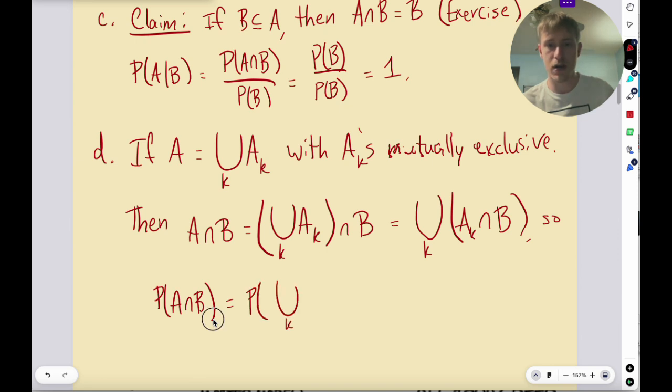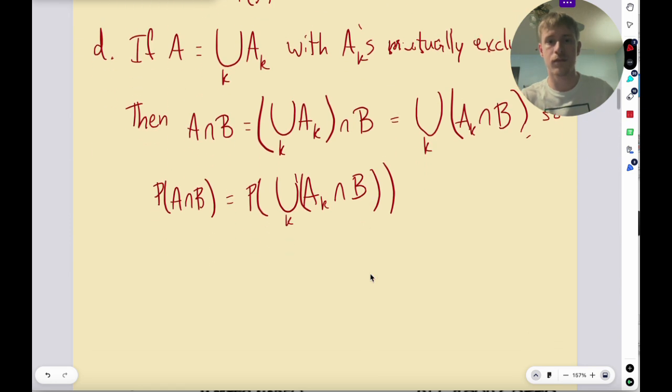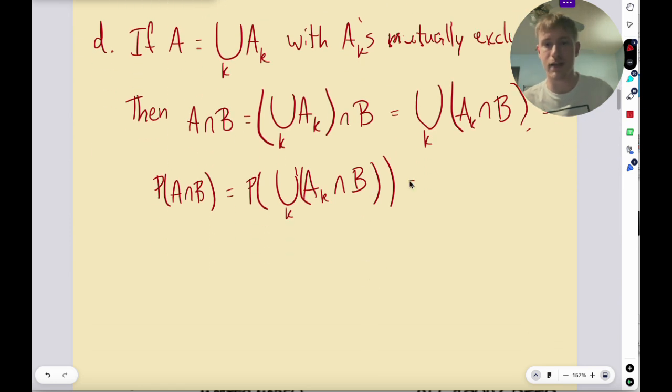But we already know what the probability of a union is, provided all of the events were disjoint. That's just the sum of the probability of those occurring.